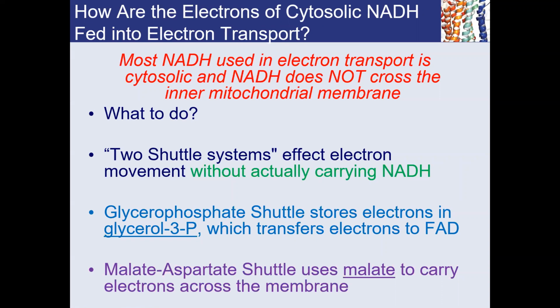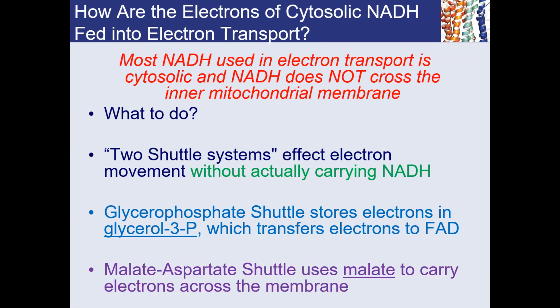The first shuttle system is called the glycerophosphate shuttle system, which utilizes glycerol 3-phosphate chemistry to bring those two reducing equivalents from NADH from the cytosol into the mitochondrial matrix. And I will show you how. The second one is the malate aspartate shuttle that uses malate to carry electrons across the membrane.